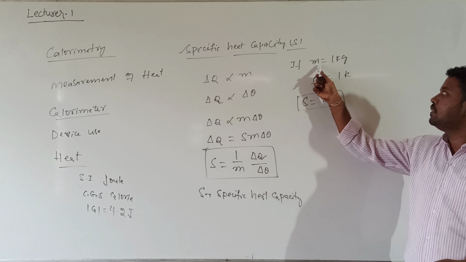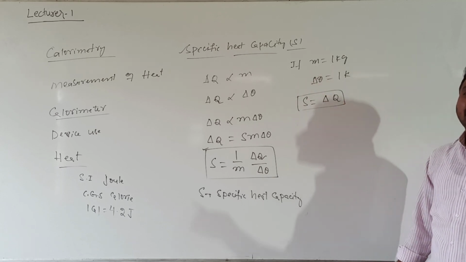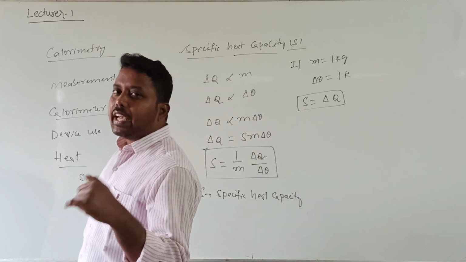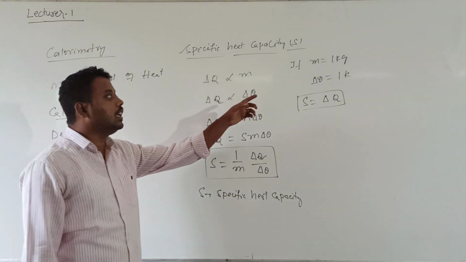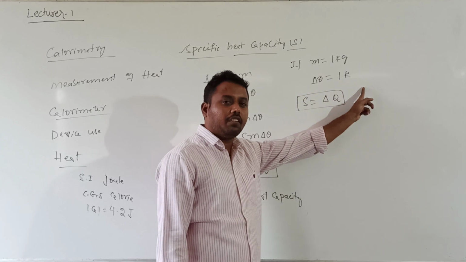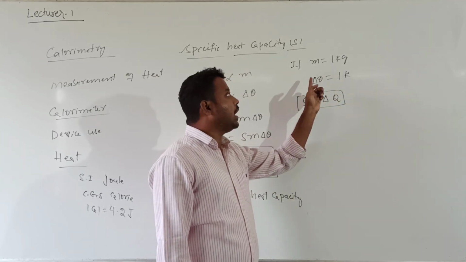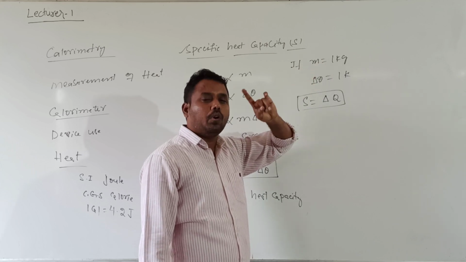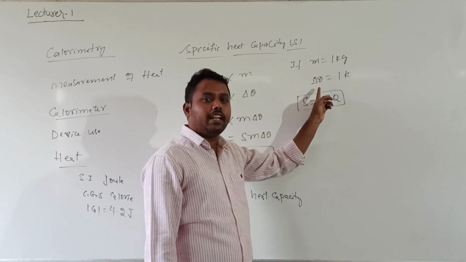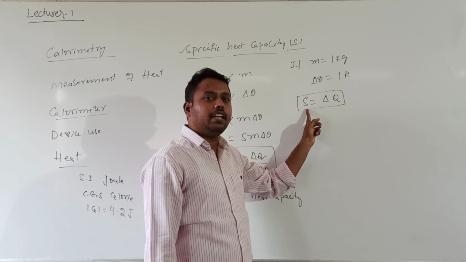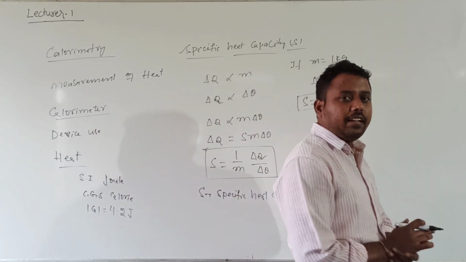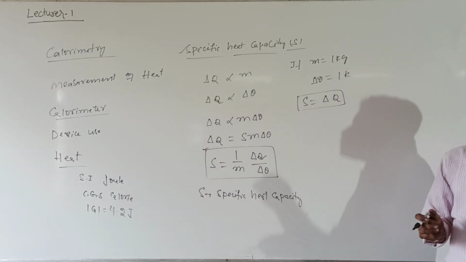It is not compulsory every time to take 1 kg; I can also take 1 gram. To raise the temperature of any substance of mass 1 unit by 1 degree Celsius, the heat needed to supply is called specific heat. The name itself is telling: specific.